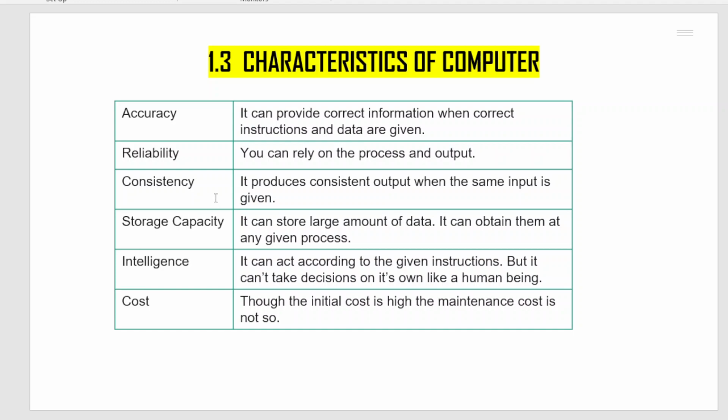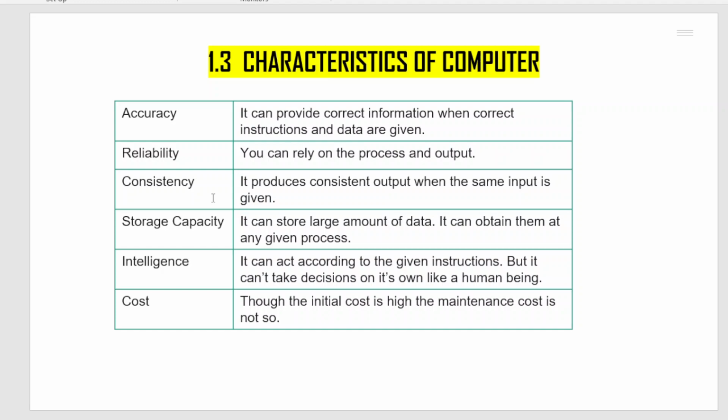When we talk about reliability and consistency, you can always rely on the output and process of a computer, not like humans. When it comes to humans, based on ignorance, tiredness or moods, they will not behave in the same way, so we can't be sure about consistent output.